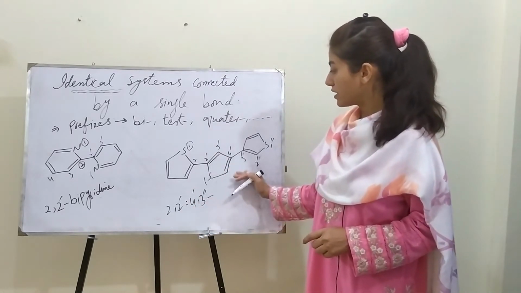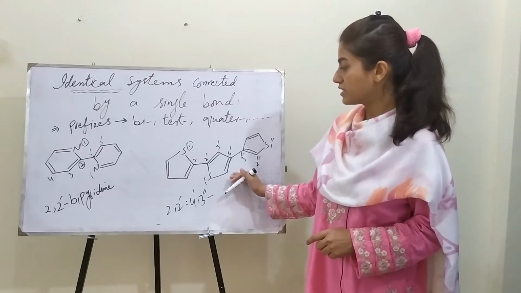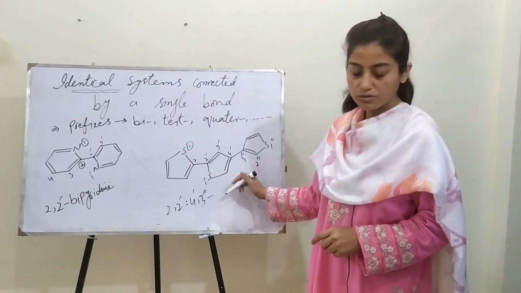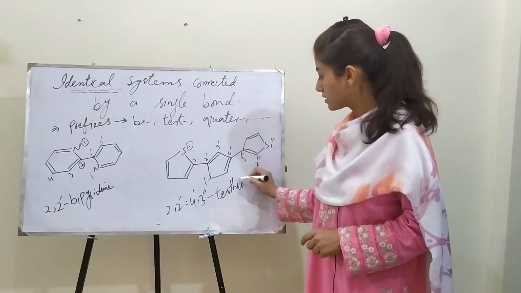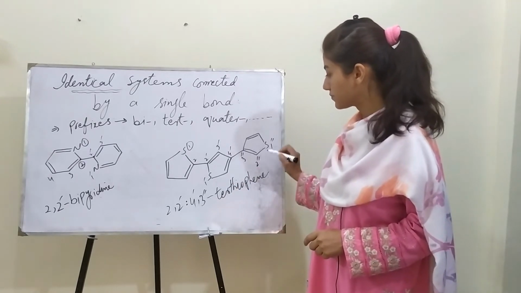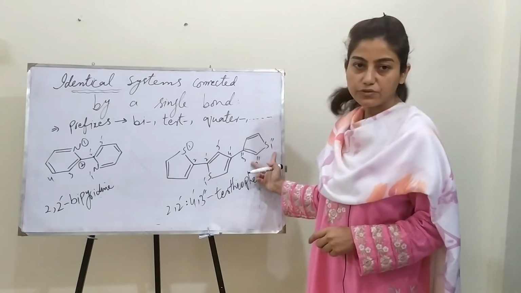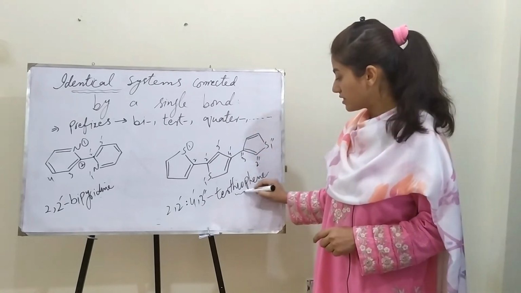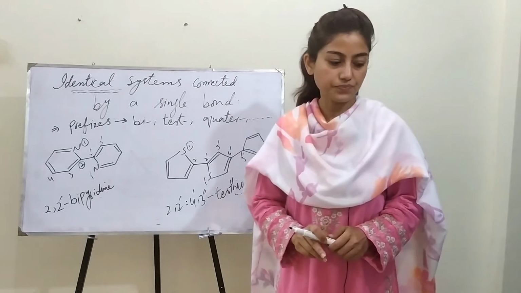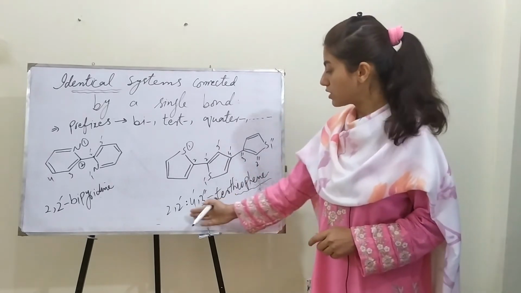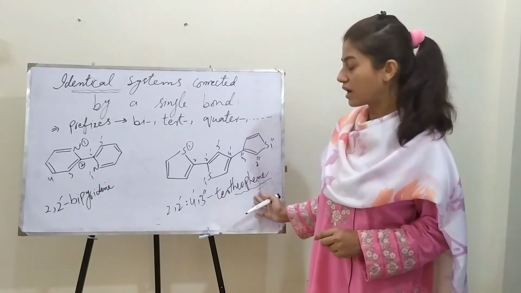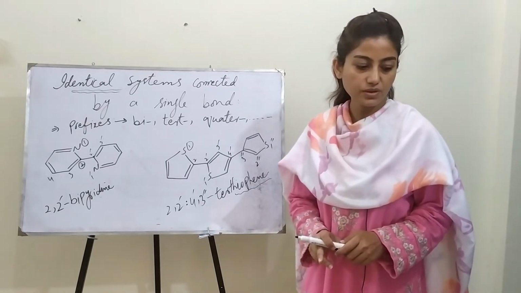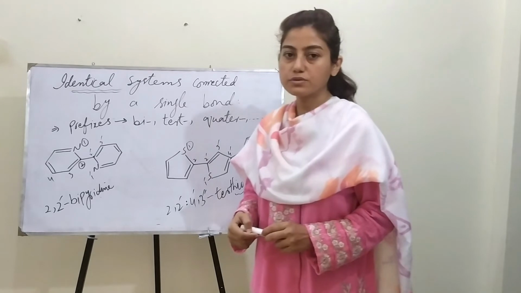Then as there are 3 identical thiophenes, its name would become terthiophene, because every heterocycle represents the thiophene system. So in this way we will call it 2,2 prime:4 prime,3 double prime-terthiophene.